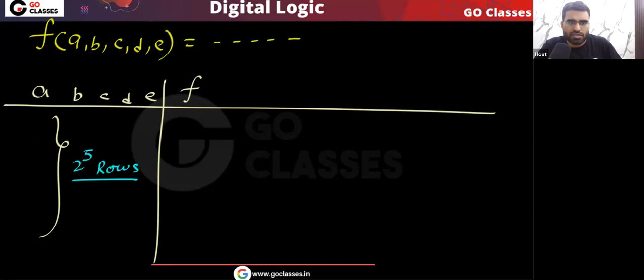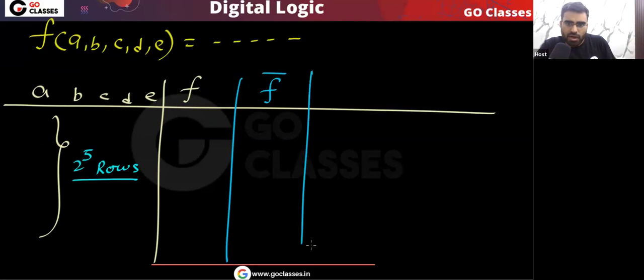Now, you can see what will be f bar, and then you find f and f bar. If f is 0 for the first row, then f bar will be 1. That we already know. Similarly, if this is 0, this will be 1.